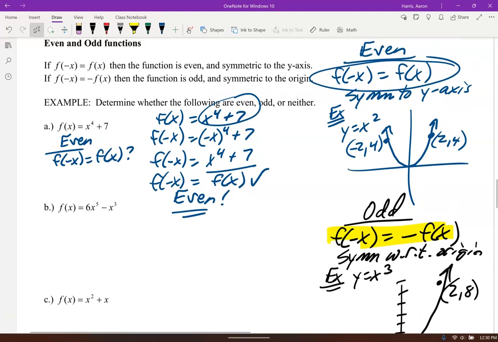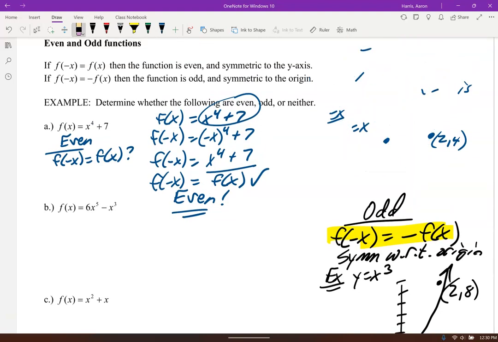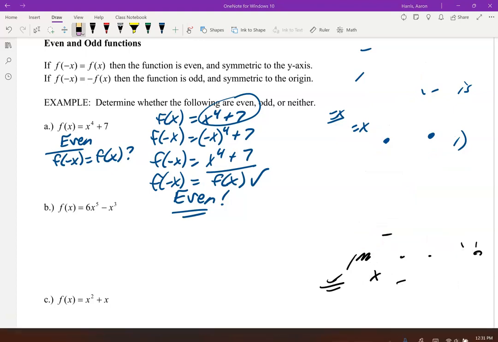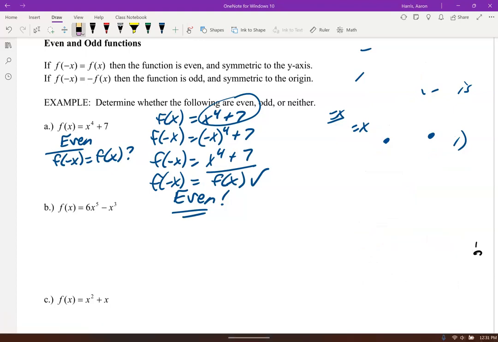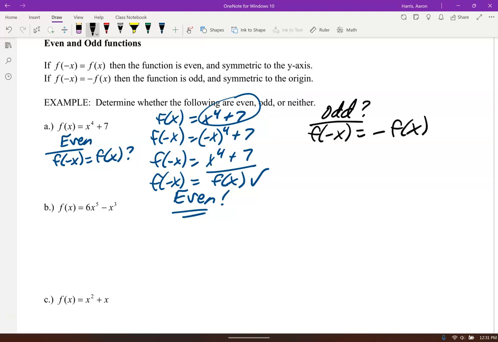Now, is it odd? Let me erase some of this stuff. Get this out of the way for a minute. Well, if it's odd, f of negative x would have to be negative f of x. Let's just test it and show that it's not odd. Is this true? Well, you start with the function.